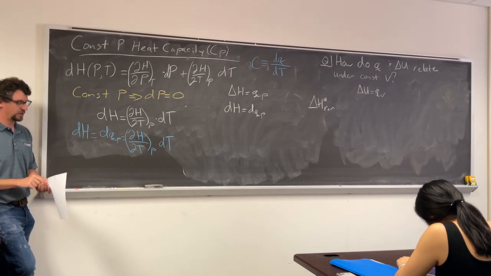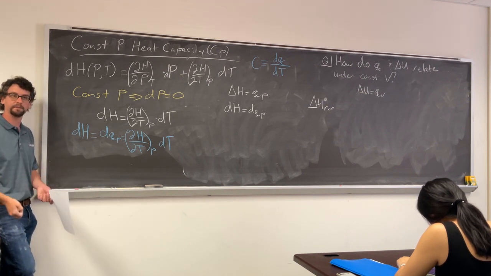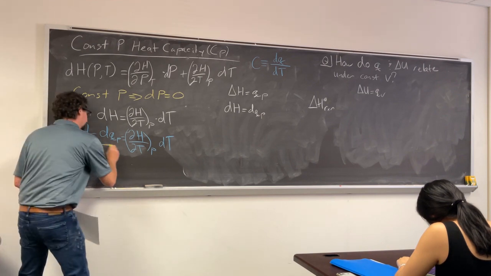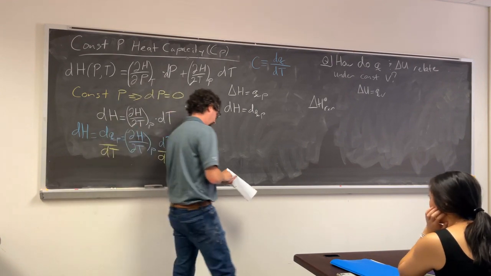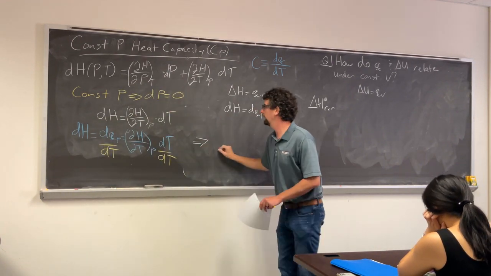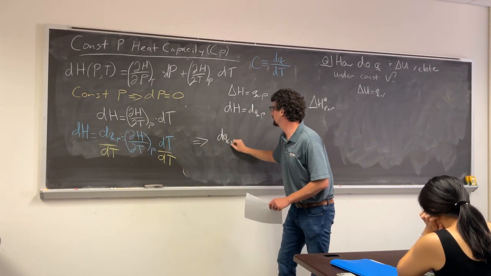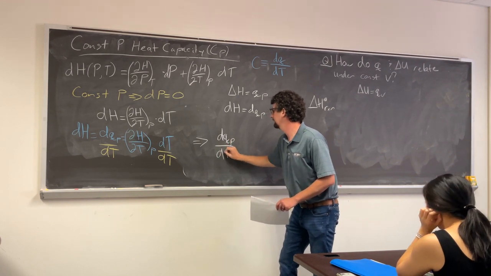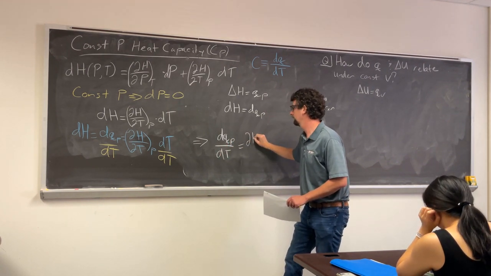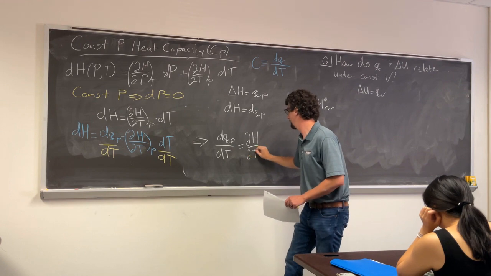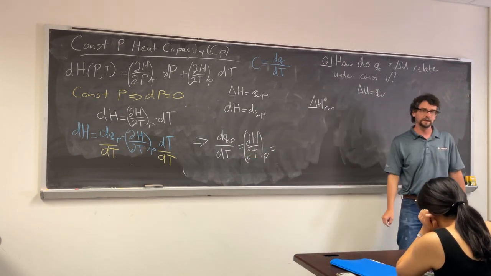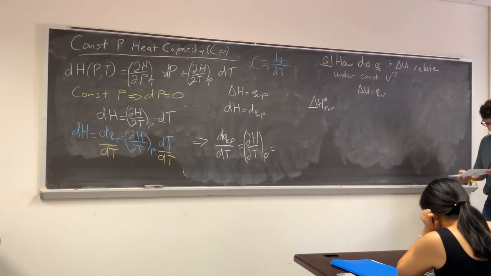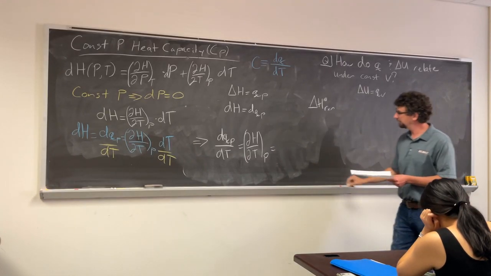Okay, what do you suggest to do to get to a heat capacity then? Yep. And what we end up with is dQ sub P over dT. What is this thing? CP. Yep.